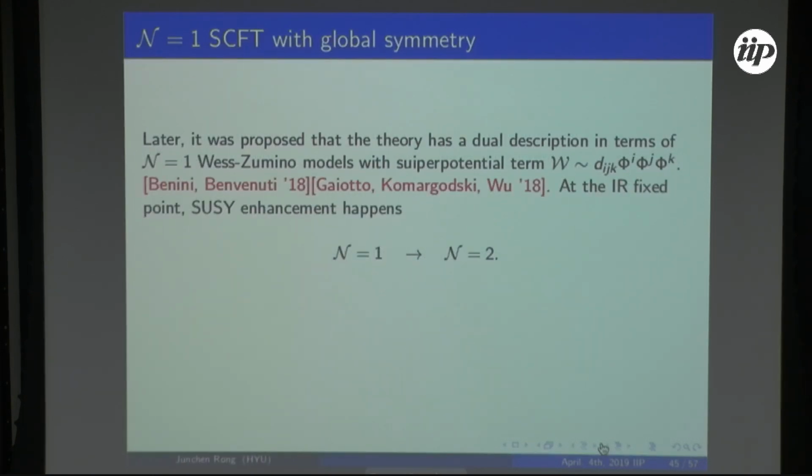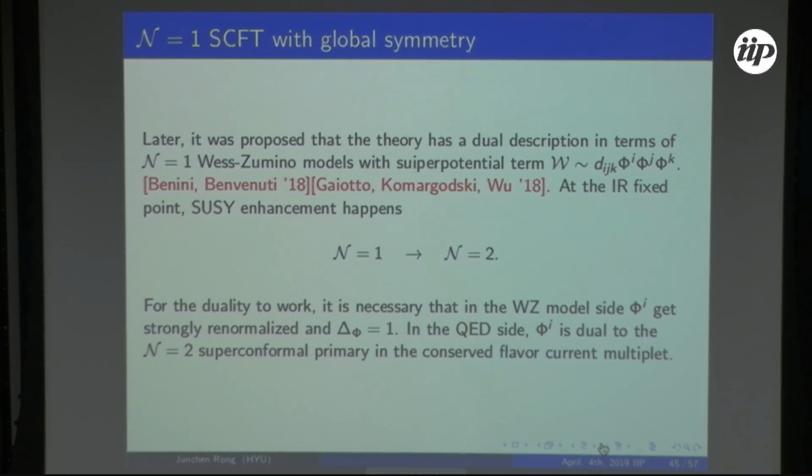And later it was also proposed that the theory has a dual description in terms of N=1 Wess-Zumino models with a superpotential term which is W equal to this guy. Okay, this d would be the invariant tensor of the SU3 group. And so in the infrared, supersymmetry enhancement happens.